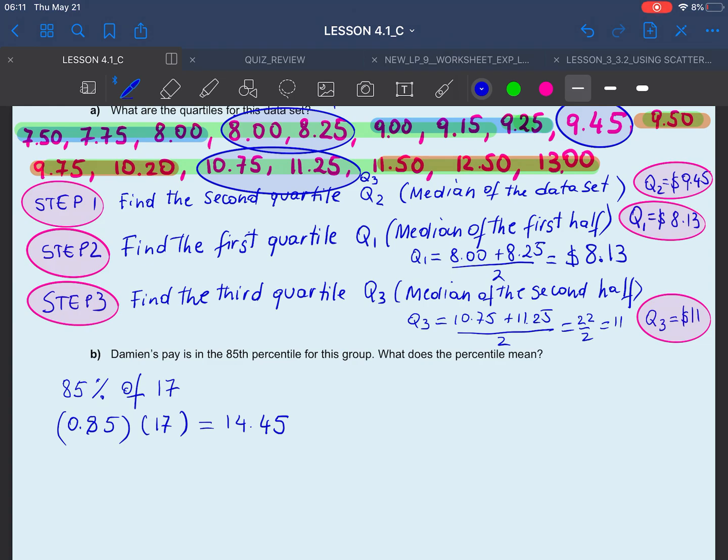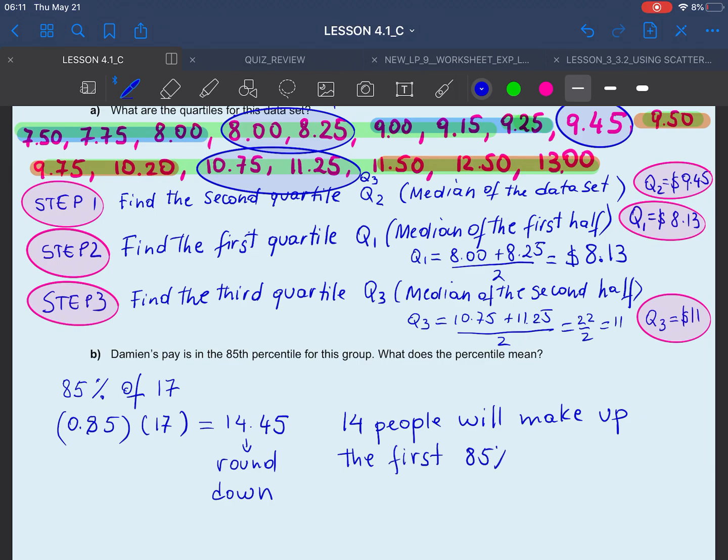So the first 85th percentile of this group will be made of 14 people. So we need to round down, for the same reasons as we said in the previous example. So 14 people will make up the first 85% of the group.